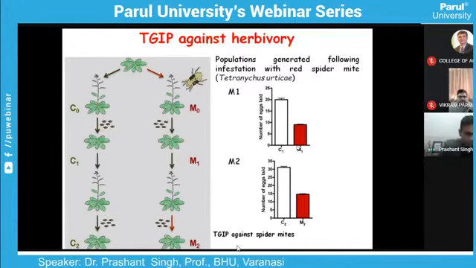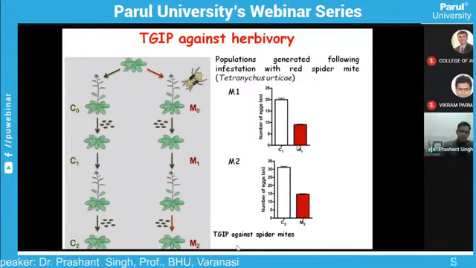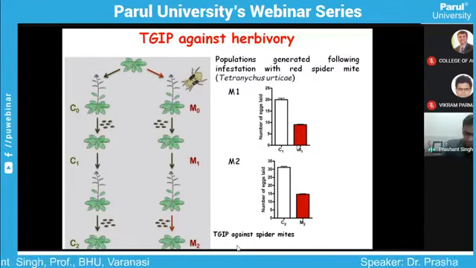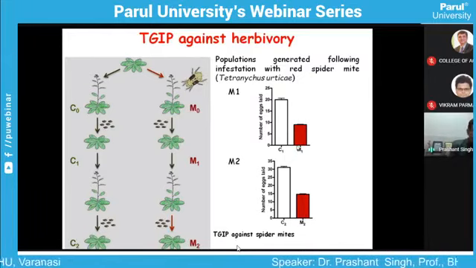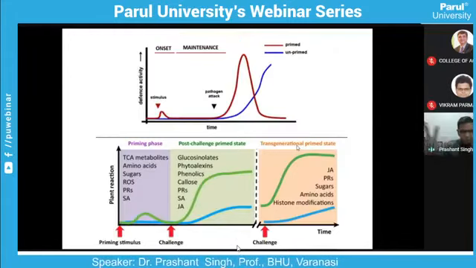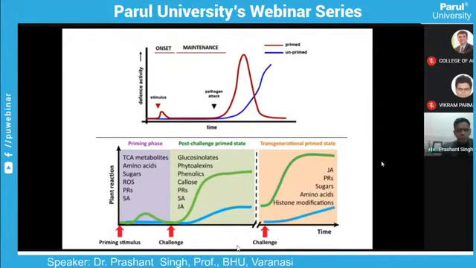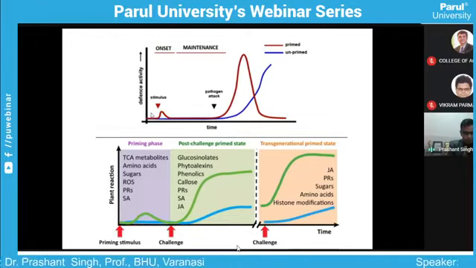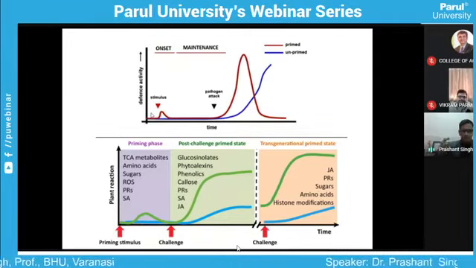And yes, I just try to give an overview, but there is a lot of mechanism going on behind that. So there is clear-cut omics data on that. We have done transcriptomics, we have done metabolomics, we have also done proteomics. I can explain more on that, but I can simply show you here. There are a lot of changes that take place during the priming phase, the post-challenge prime phase, or the transgenerational prime state.